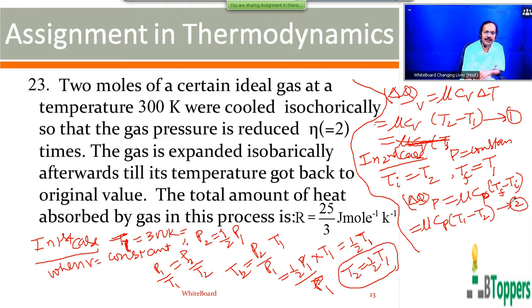Call it equation 2. To find the net heat absorbed, we have to add equations 1 and 2. So the net quantity of heat absorbed by the gas, or total quantity of heat, is equal to the heat absorbed in the first case plus the heat absorbed by the gas in the second case at constant pressure.